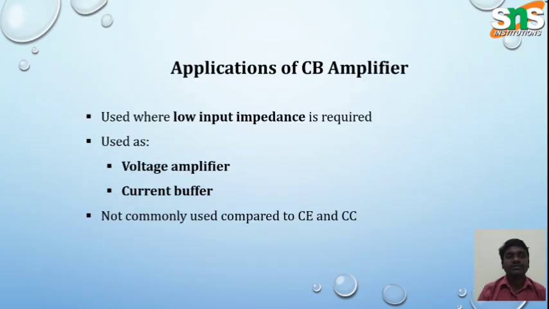The common base amplifier or transistor is used where low input impedance is required. Wherever you need low input impedance, you can use the common base configuration. We can use it as a voltage amplifier or as a current buffer.